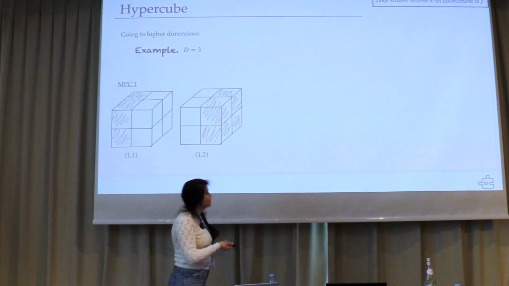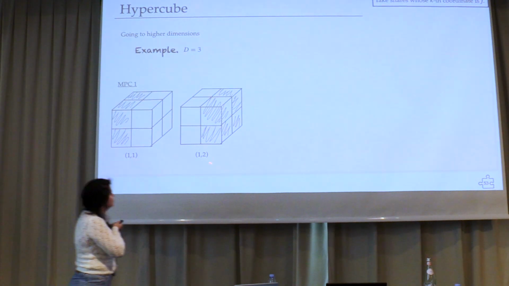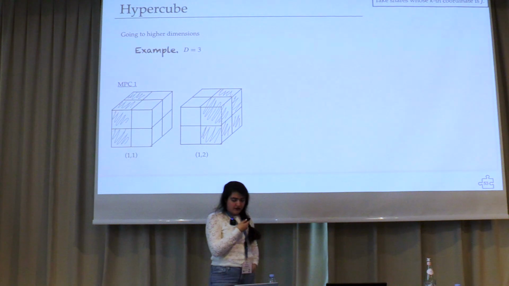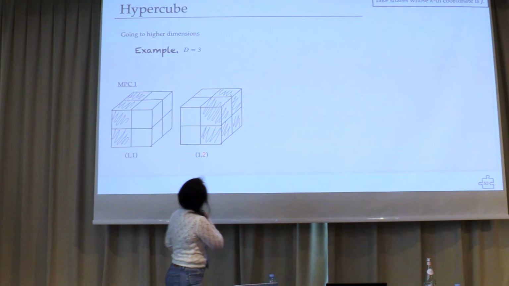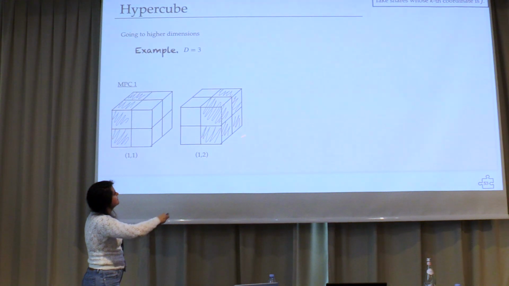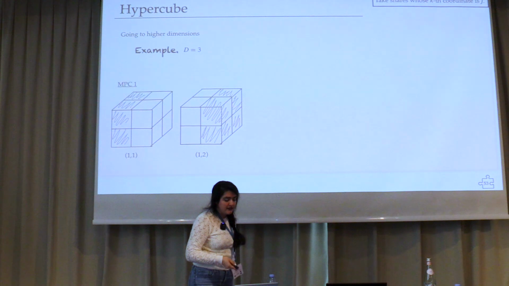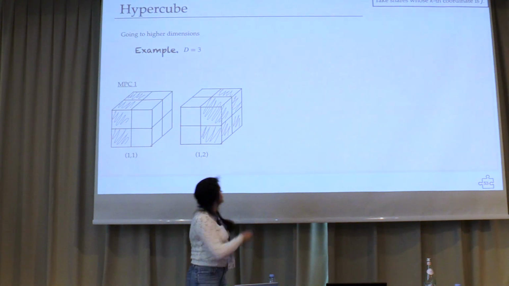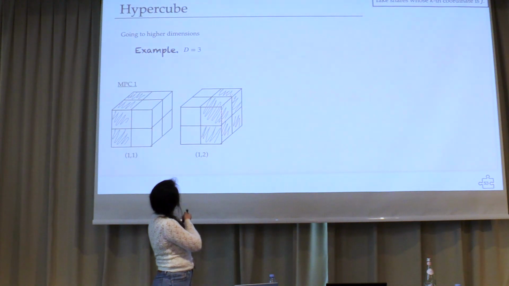So this is the first protocol that you have, and these are the indices, how we denote them: 1, 1 and 1, 2. The first MPC protocol cuts in the first dimension, that is the X in the cube. Let's say X is the first dimension, Y, the vertical, is the second one, and the third dimension is this one here, the Z. So MPC1 splits into 2 parties. Here you have this side that is highlighted, and here you have this side.